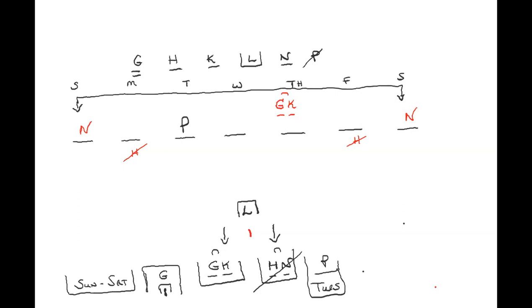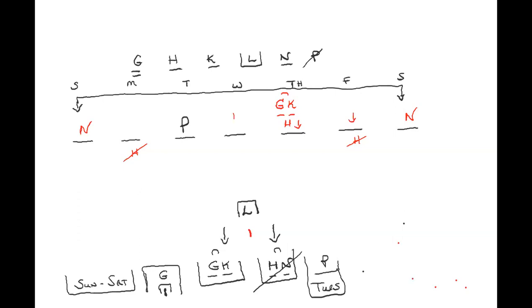So the H now has to be here, meaning it's got to be with G and the K, but it can't separate the G and the K. In other words, you can't put the H on Thursday because you'd break up the G and the K. You can't put it on Friday either.